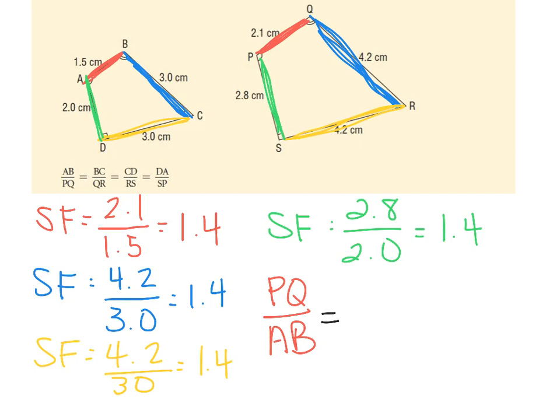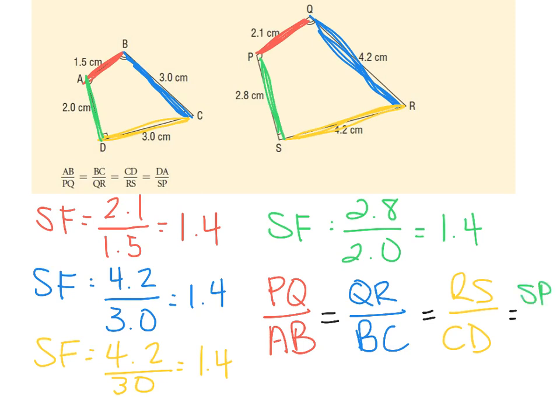So we had QR over BC, which also equaled 1.4. But that was also equal to RS and CD. So I'm setting up all of these fractions that actually equaled the exact same amount. And our very last one, our green sides, were SP divided by DA.